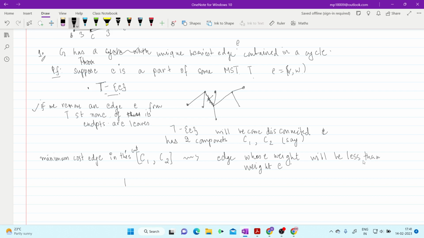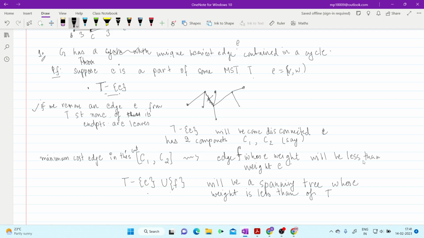Then T minus E union that edge F will be a spanning tree whose weight is less than that of T. But we assumed that T is the minimal spanning tree, therefore we get a contradiction.